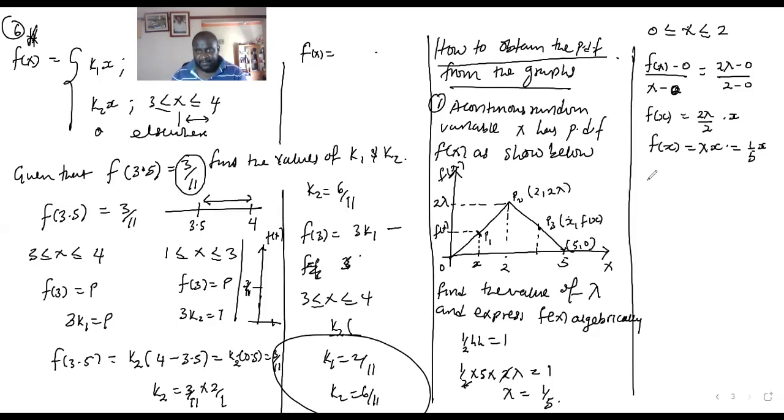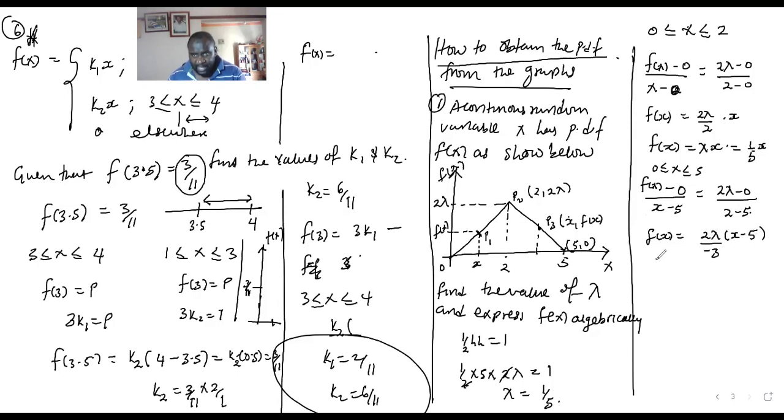So we shall expect f of x, for 0 less or equal to x less or equal to 5: 0 minus f of x out of 5 minus x... if I use the other one, up there, it will be 2 lambda minus 0 out of 2 minus 5. Then I'll have f of x is equal to 2 lambda out of negative 3 times x minus 5.